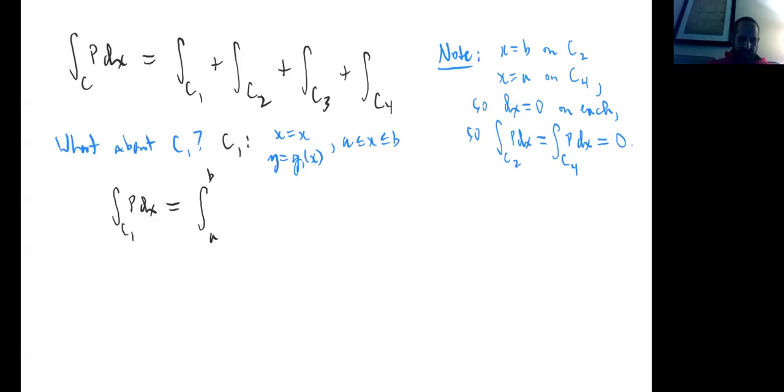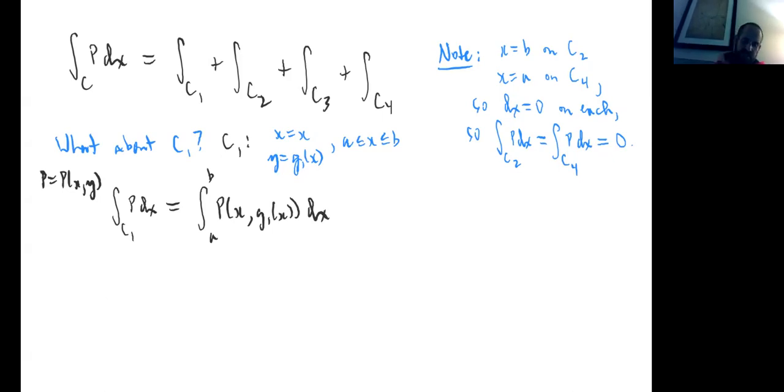Remember, P is just a function of two variables, x and y, correct? And I have to replace y by what it's equal to. So x goes between a and b, dx is just dx, and it's P with x replaced by x and y replaced by g1 of x, dx.